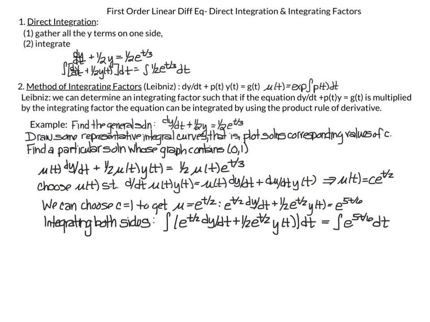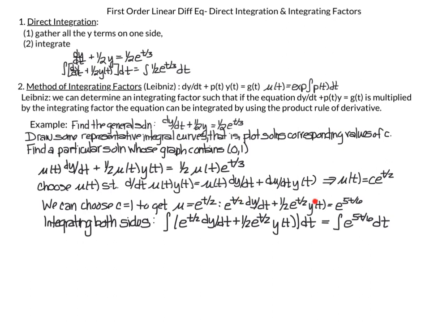And now I can multiply my entire original differential equation by e to the t over 2. So I'm going to have e to the t over 2 dy/dt plus 1/2 e to the t over 2 y of t is equal to 1/2 e to the t over 3 times e to the t over 2, which is e to the 5t over 6.